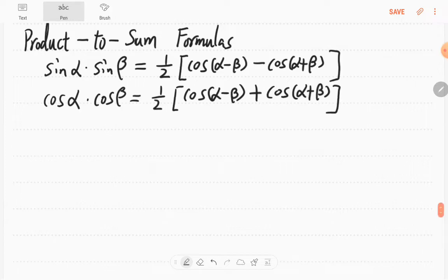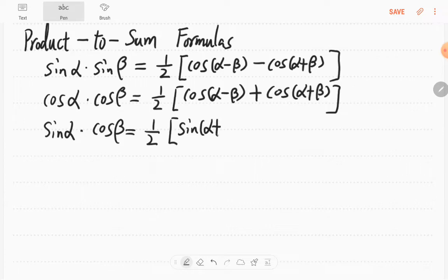Right. Then you have sine alpha times cosine beta, which is 1/2 sine alpha plus beta plus sine alpha minus beta, right?